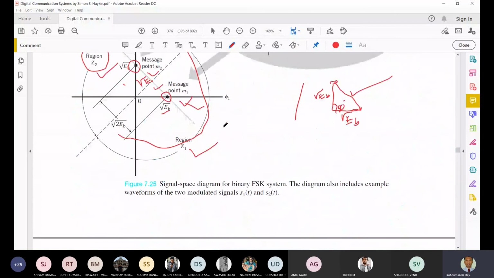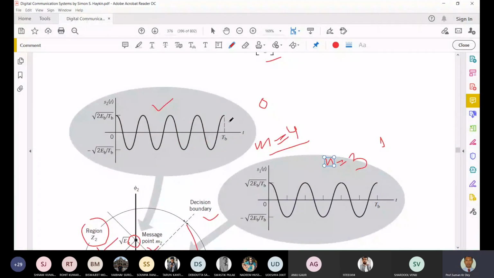Now if it is not an integer multiple of 1 by TB, suppose it stops over here in this position. Suppose TB has ended there, so the next symbol starts from there. That means the signal suddenly starts from there, so phase continuity is not there.